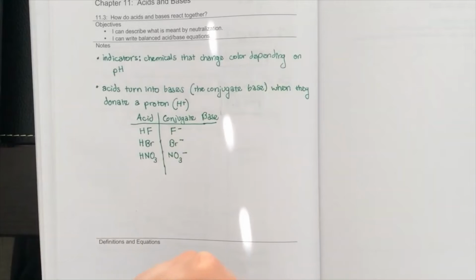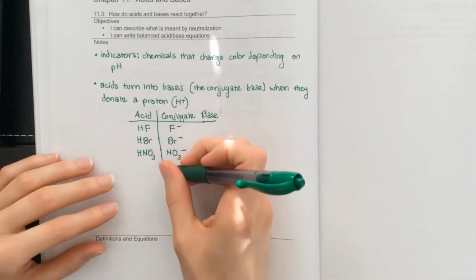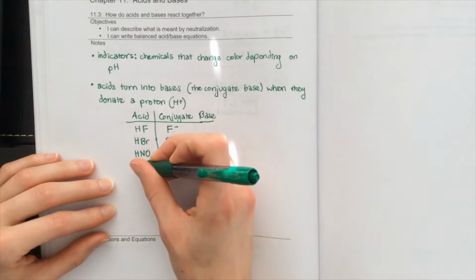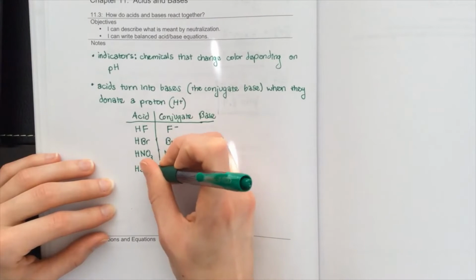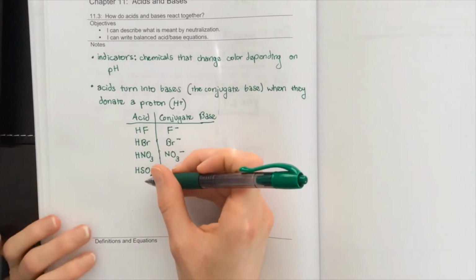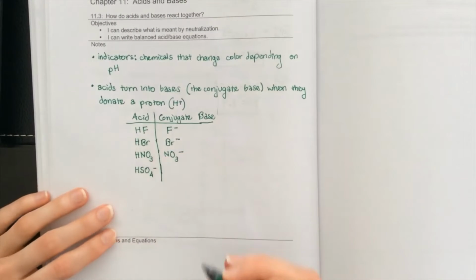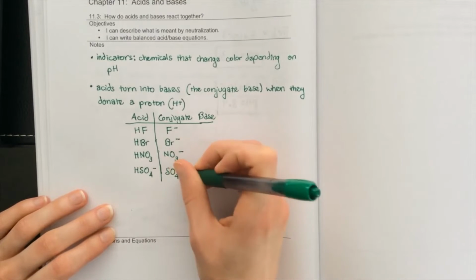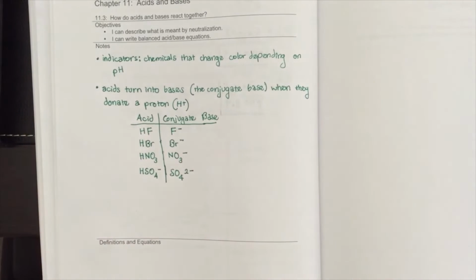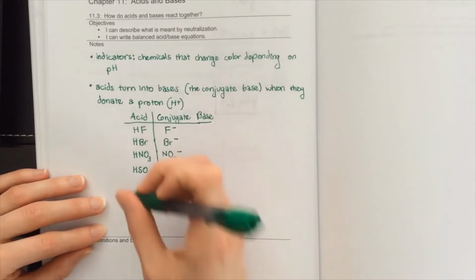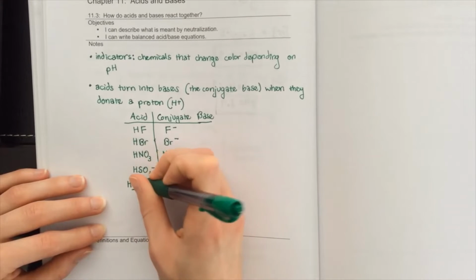Now, sometimes we have an acid that's already charged to begin with. So let's say we have something like HSO4 minus. When it gives away an H, it's going to become SO4 2 minus. So that's its conjugate base. Sometimes you have something with more than one hydrogen, like H2SO4.